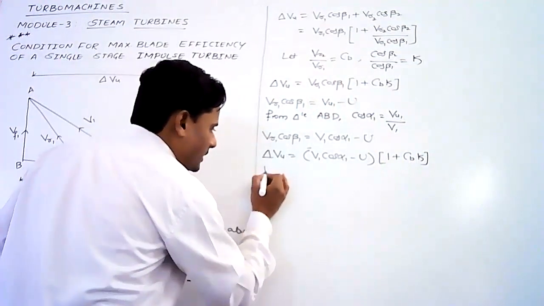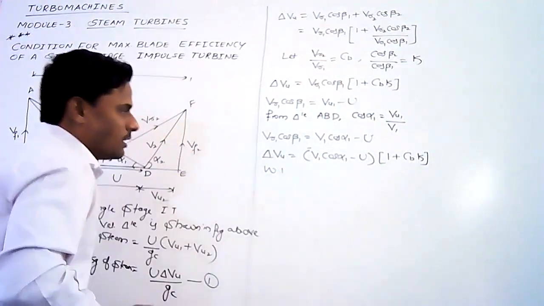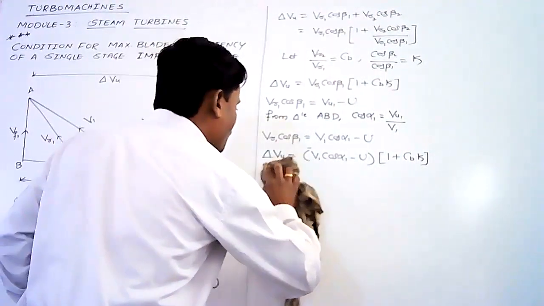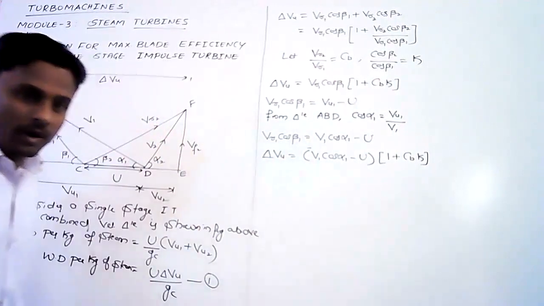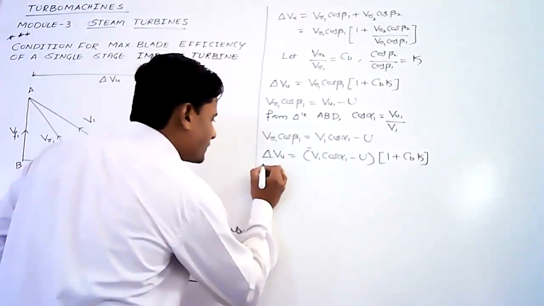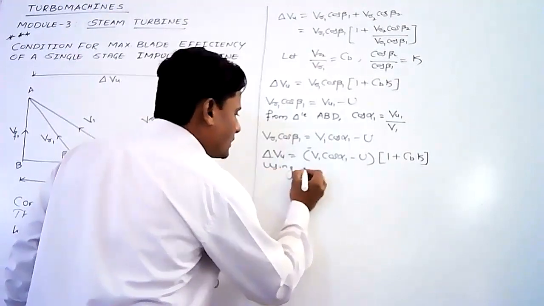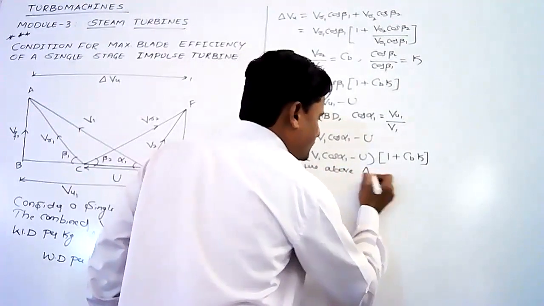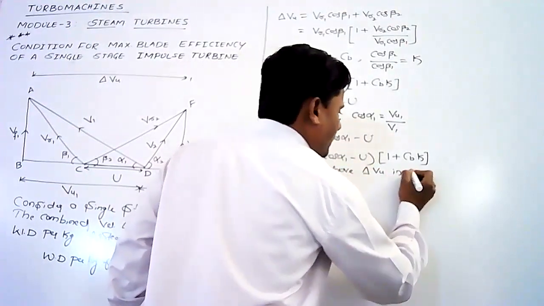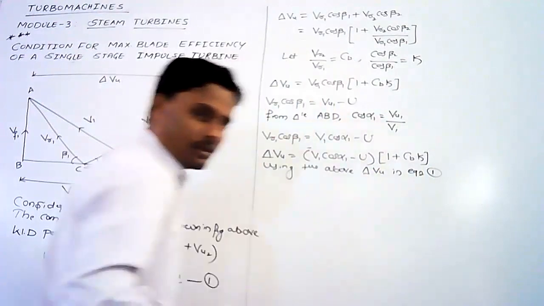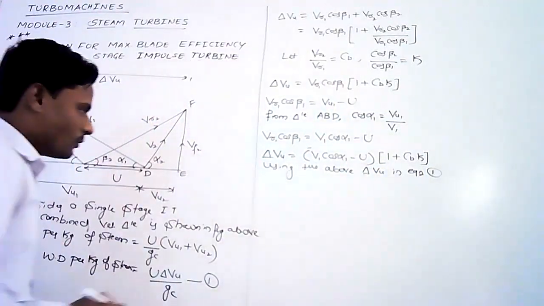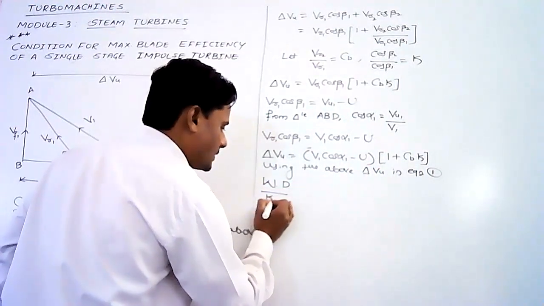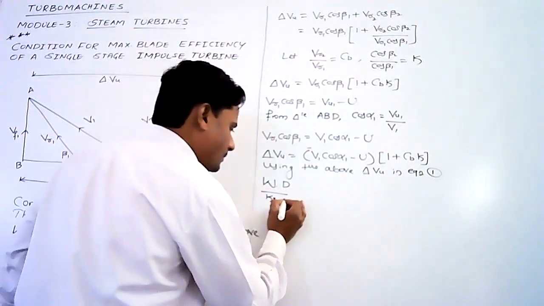Okay, but before that, let us substitute this delta Vu in equation number 1. So I can write work done per kg of steam.